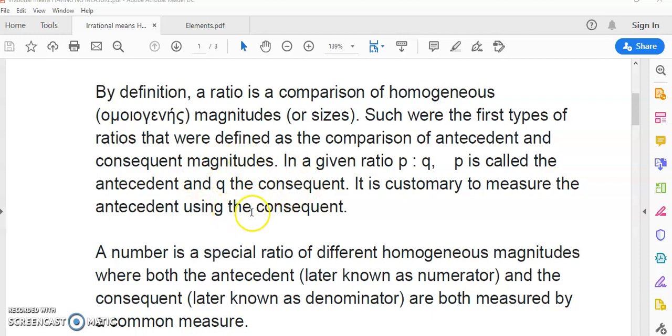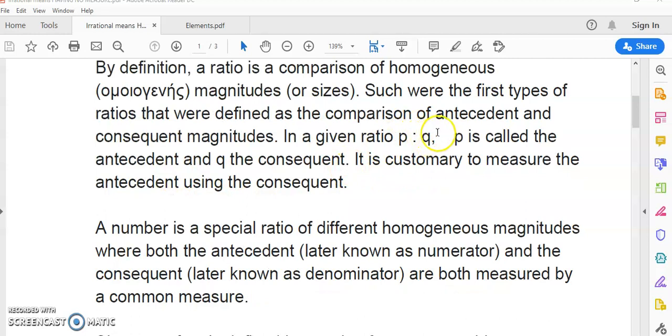They were defined as a comparison of the antecedent and consequent magnitudes. So for example, if you were given the ratio P to Q, which literally means P compared to Q, P is the antecedent and Q is the consequent. So it's customary to measure the antecedent P using the consequent Q, but not actually necessary as long as one measures the other or there is some common measure that measures both.